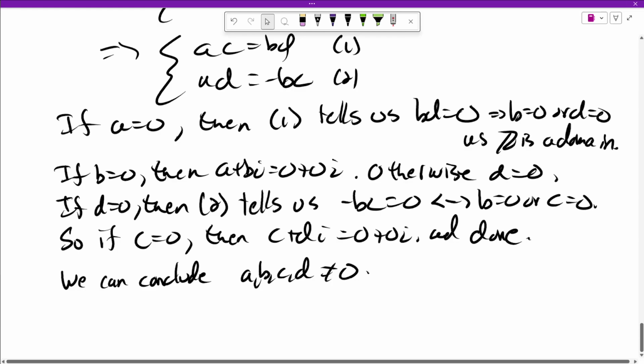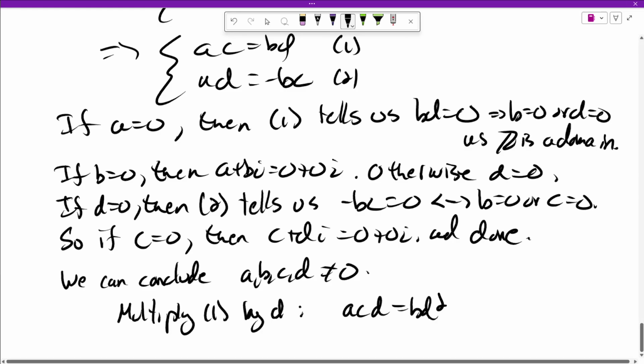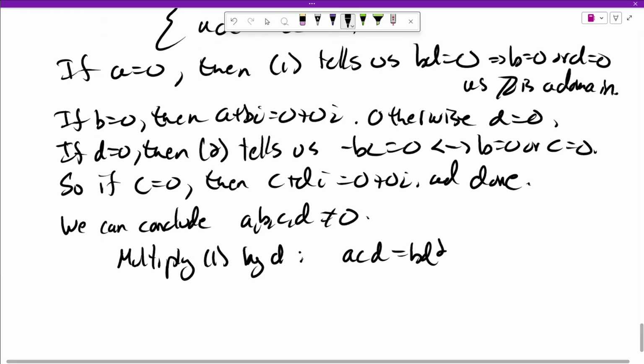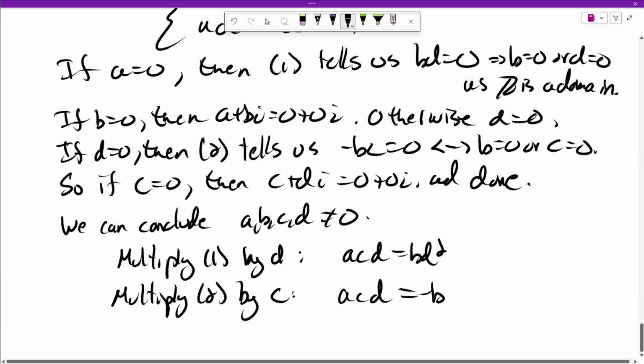Great. We're almost done. Let's multiply 1, this first equation up here, by d, and we're going to multiply 2 by c. Multiplying 1 by d, we get acd is bd squared. And multiplying 2 by c, that's going to give us acd is negative bc squared.